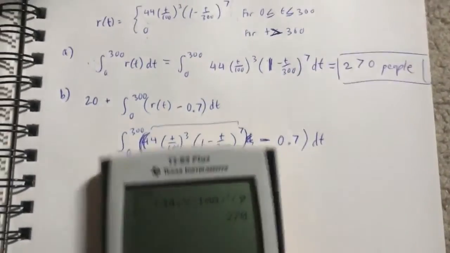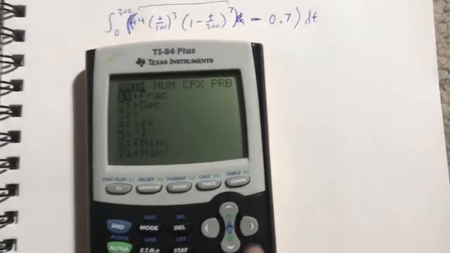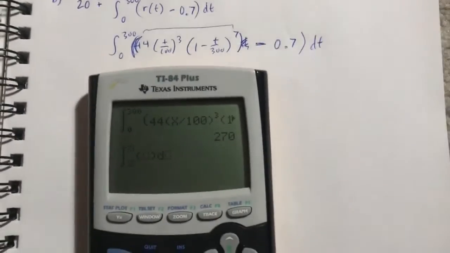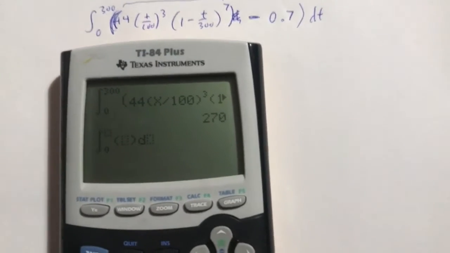So go to math, scroll down to find the integral from 0 to 300 seconds.